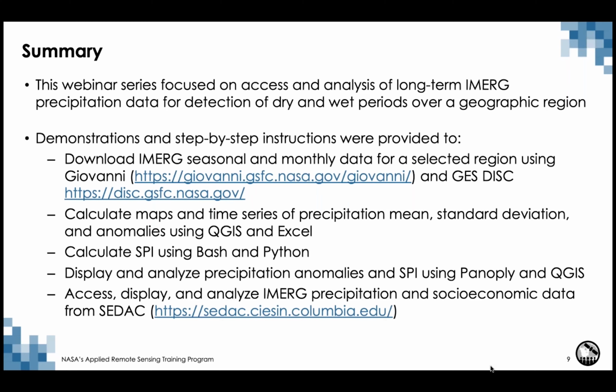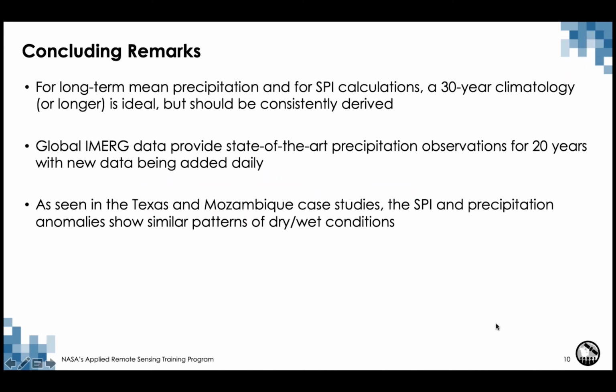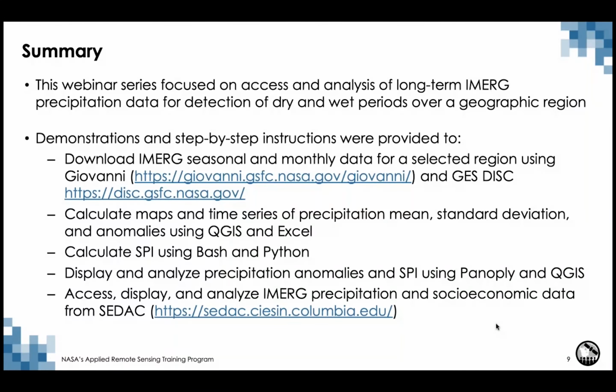This was the last session, and we want to summarize what we did in these 3 sessions and then talk about some take-home messages. Basically, this webinar series focused on access and analysis of long-term IMERG precipitation data.